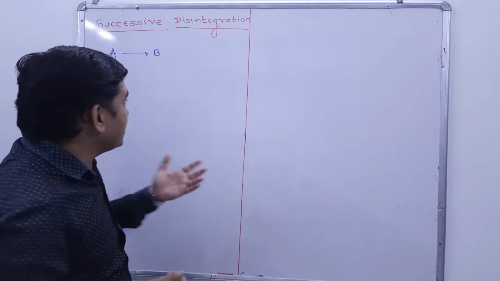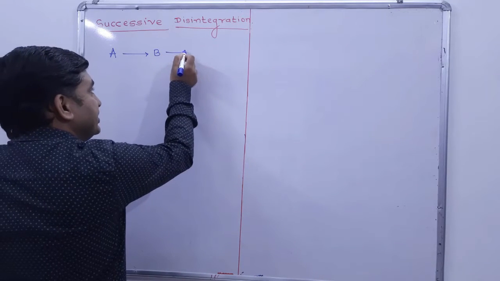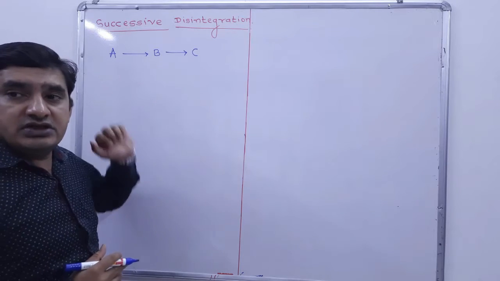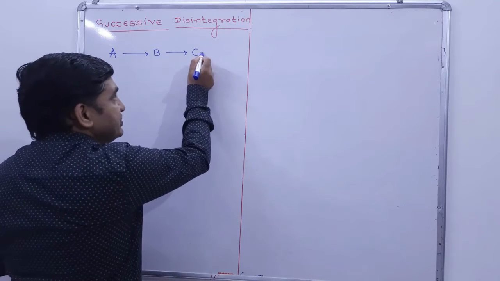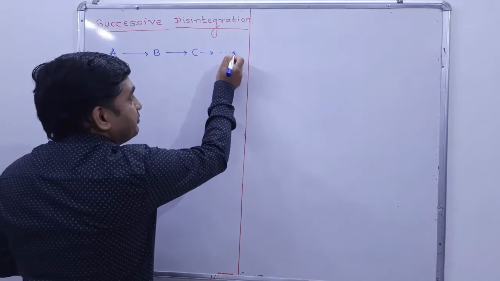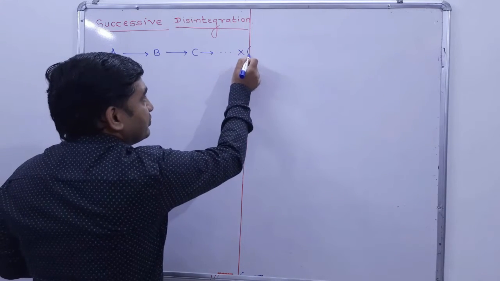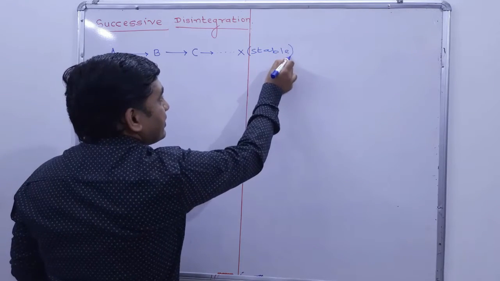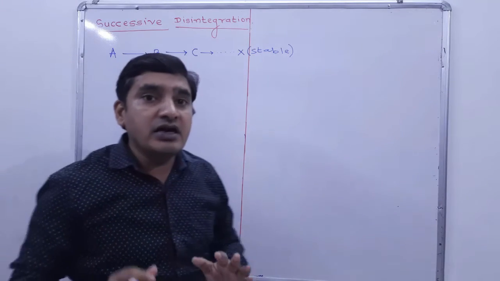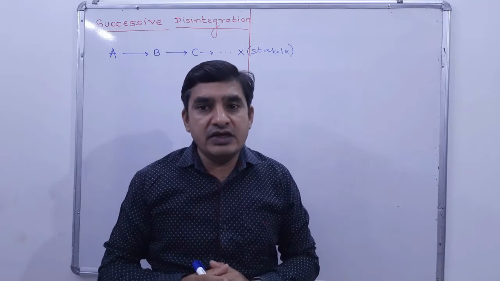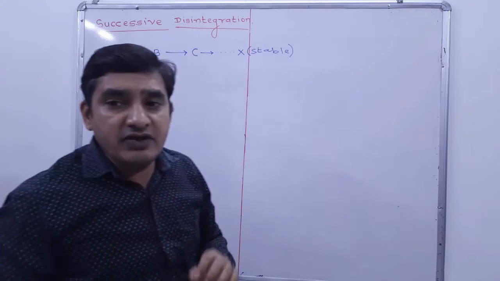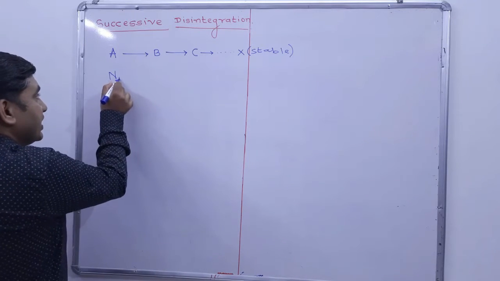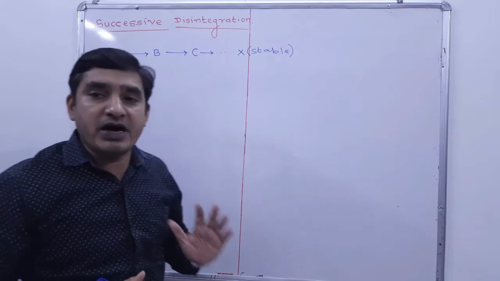The daughter also disintegrates and we obtain a new daughter, daughter C. This process is carried on up to X, which is a stable atom.